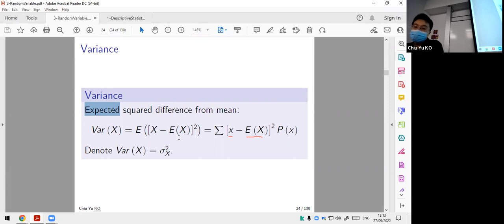You may ask why we care about this. It's exactly the same idea as why we care about variance: it looks at how well our expectation represents the random variable. If the variance is small, the expected value is good enough. When the variance is big, the expected value is not so good.